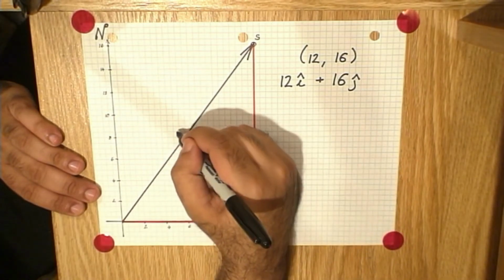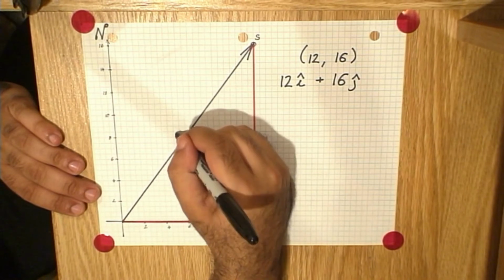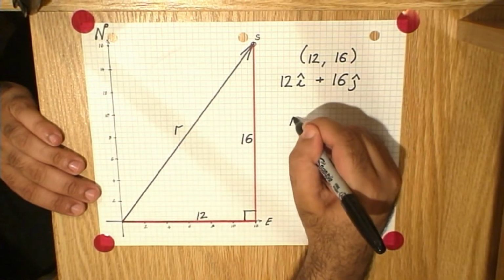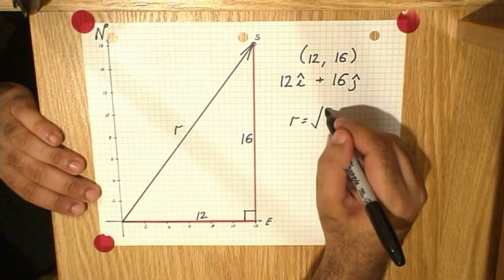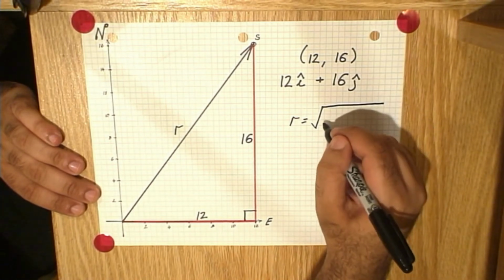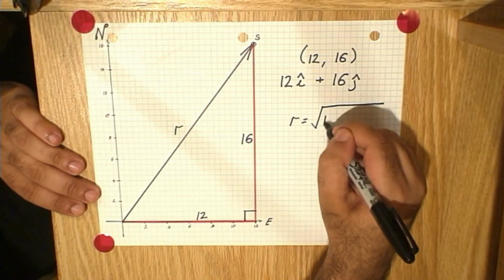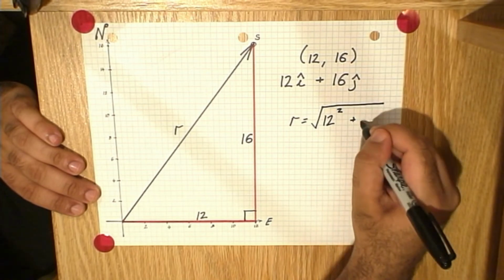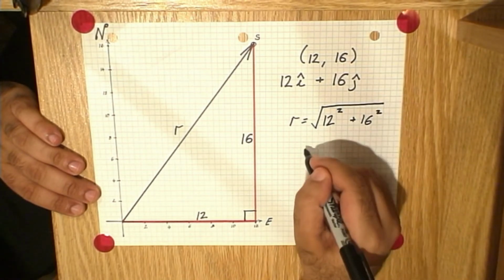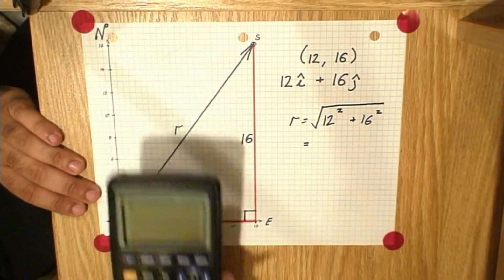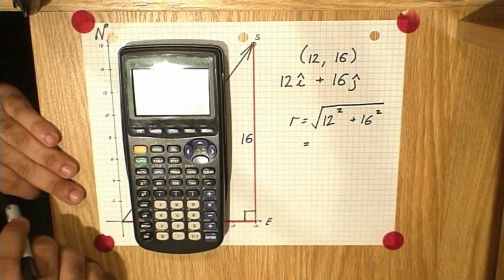So the length of this last side, let's call that r, is going to be equal to the square root of the first side squared plus the second side squared.